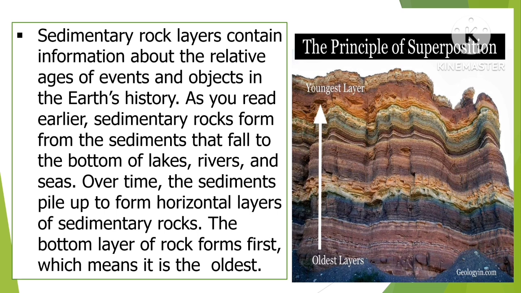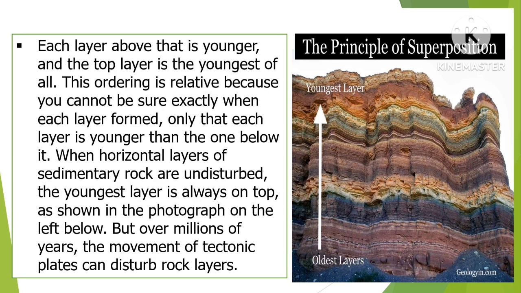The bottom layer of rock formed first, which means it is the oldest. Each layer above that is younger and the top layer is the youngest of all. This ordering is relative because you cannot be sure exactly when each layer formed, only that each layer is younger than the one below it.